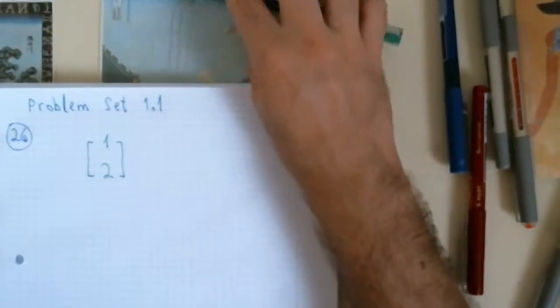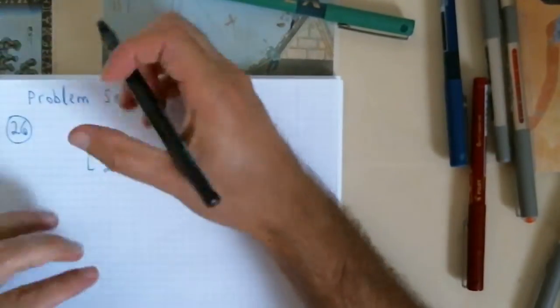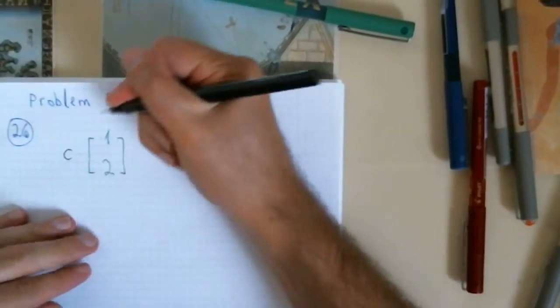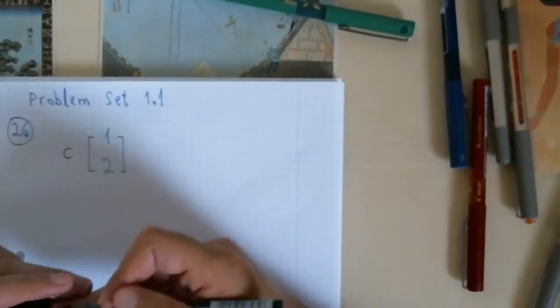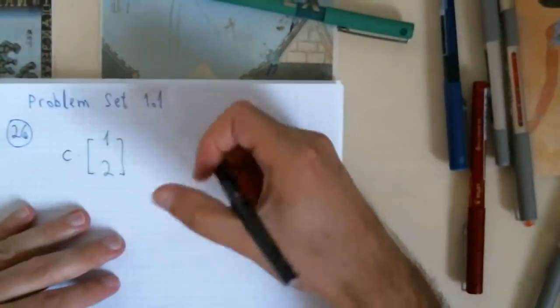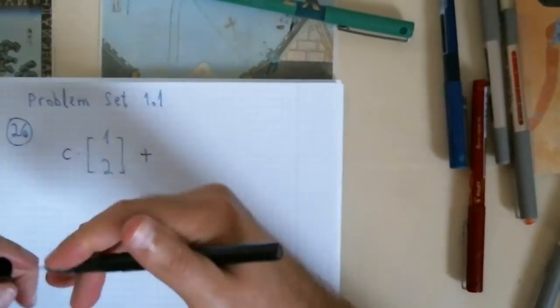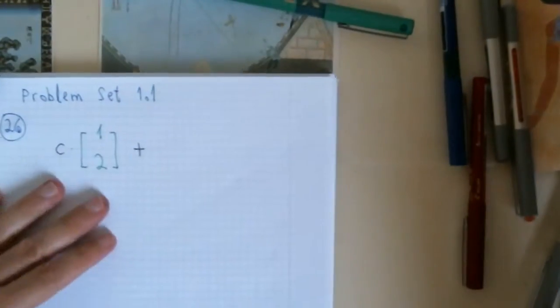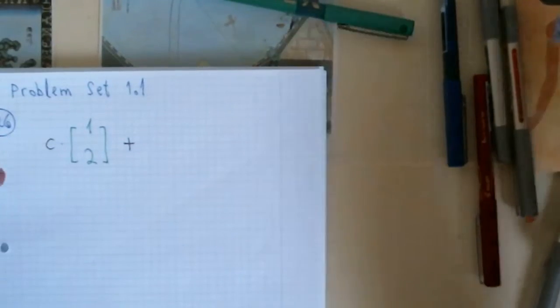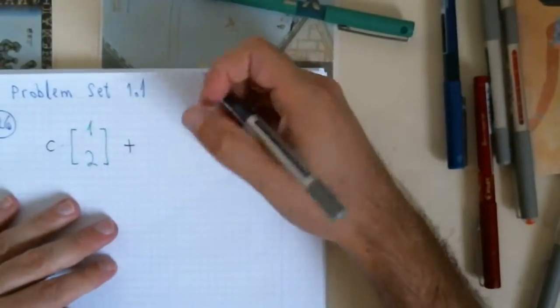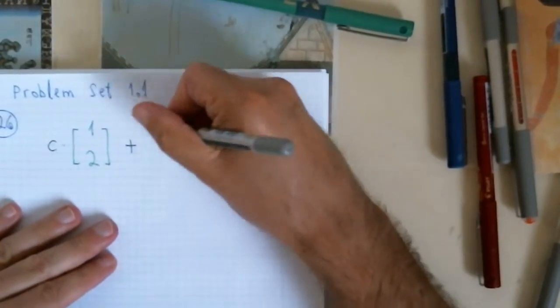And we multiply it by some number, C, and we add another vector. Let's make it in purple: (3, 1).